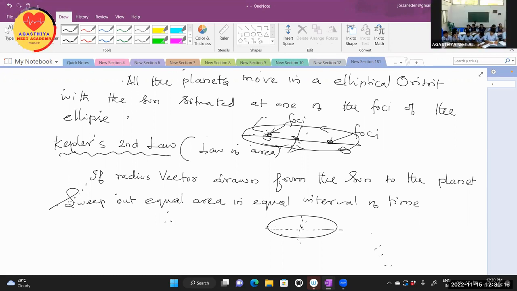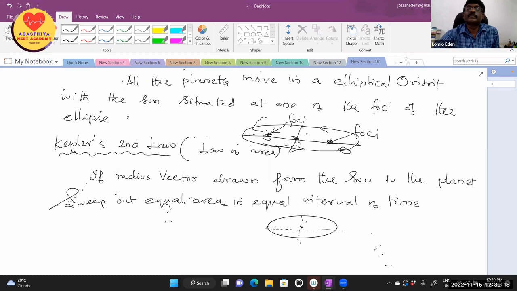Consider a planet, all of you listen. Consider a planet moving from this point to this point. This is the position of the sun.